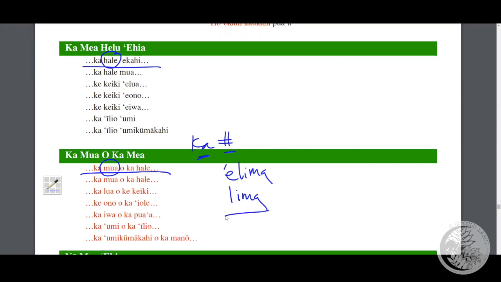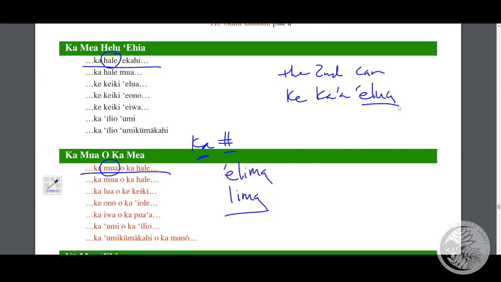Now this is why there is those confusion. So let's look at an example, right? If I'm going to say the second car, I can say ke ka'a e lua, right? It's a kahulu, e lua, e kolu, e ha, e lima.